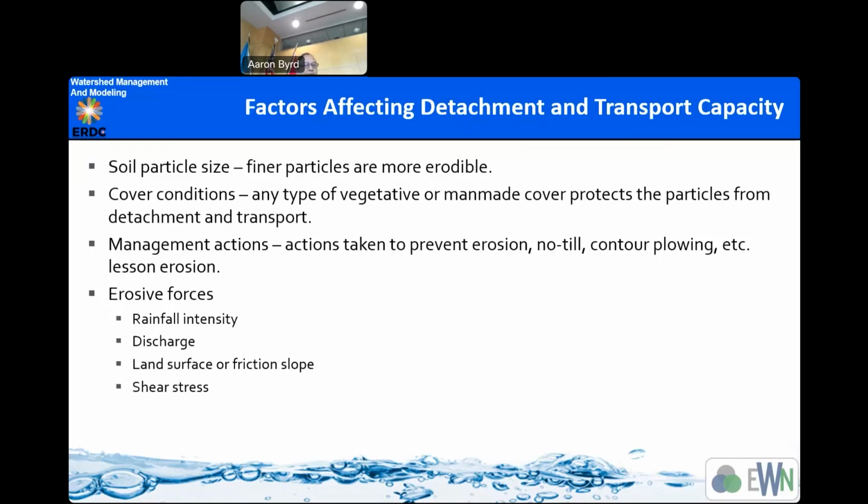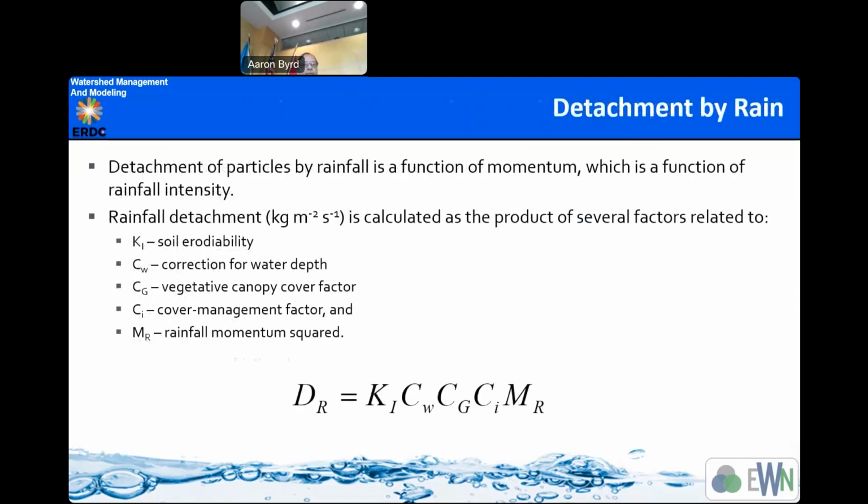Erosion forces, these are again back to rainfall intensity, discharge, shear stress. So for the rainfall impact, it actually depends upon the rainfall drop size. So basically, it's kind of an empirical relationship. If the drop size is bigger than what is ponded on the ground, then the sediment starts to trigger from that location.